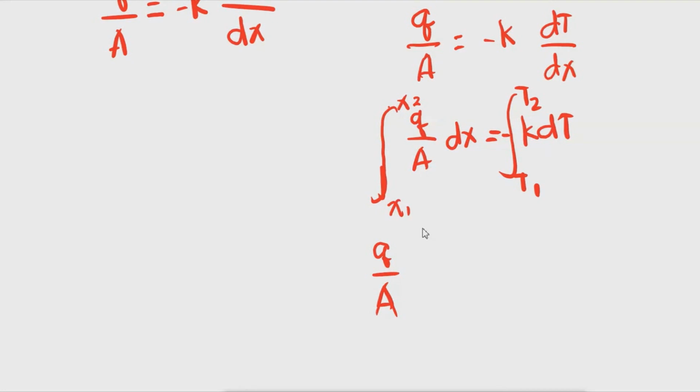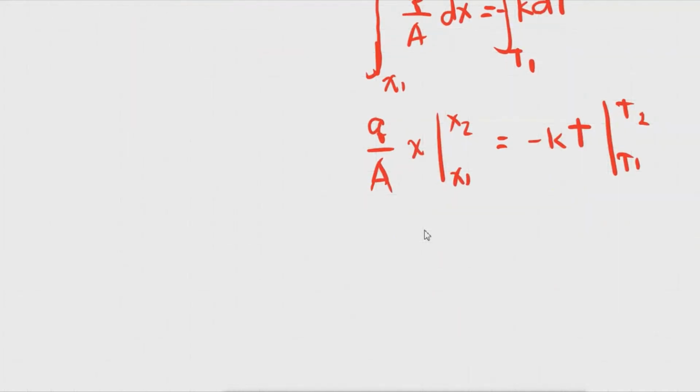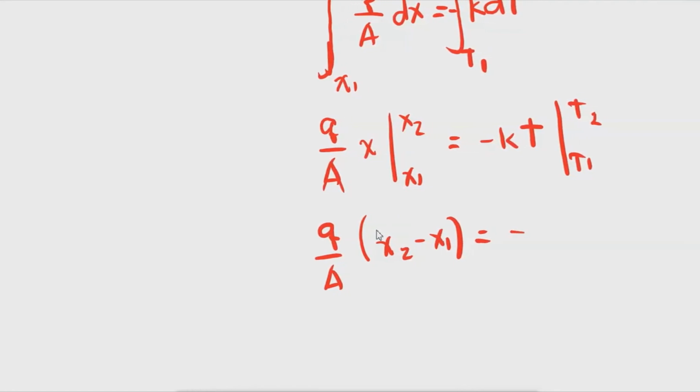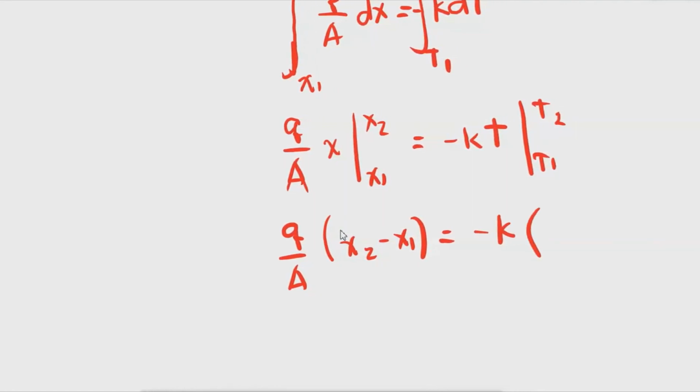We have here x evaluated from x sub 1 to x sub 2, which is equal to negative k T evaluated from T1 to T2. And with that, we have Q over A times x sub 2 minus x sub 1 equal to negative k, and then we have T2 minus T1.